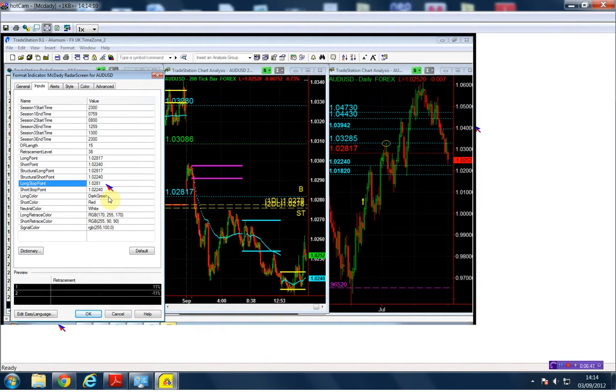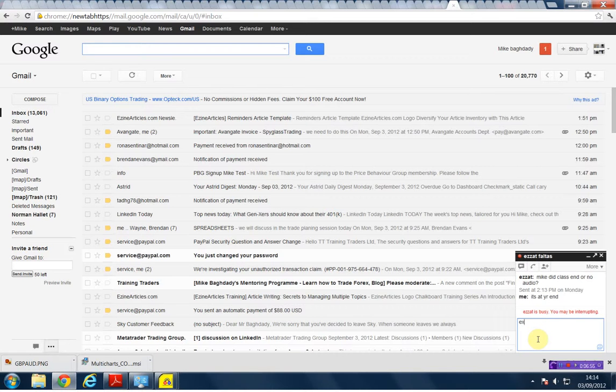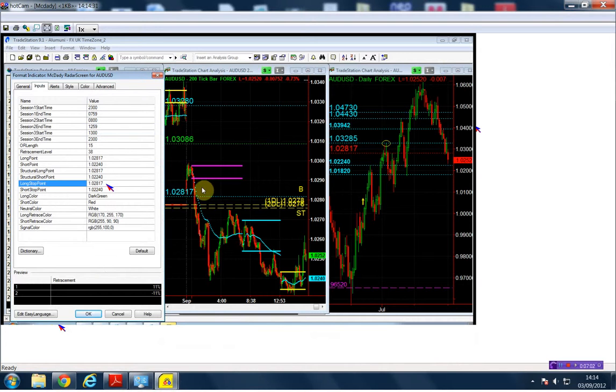So again, the long point, we're going to buy above 102.81, and that's going to be our structure long point and our stop.